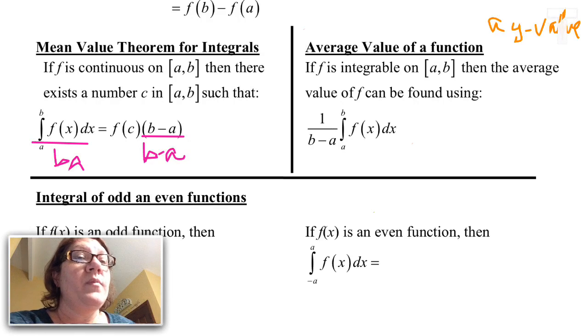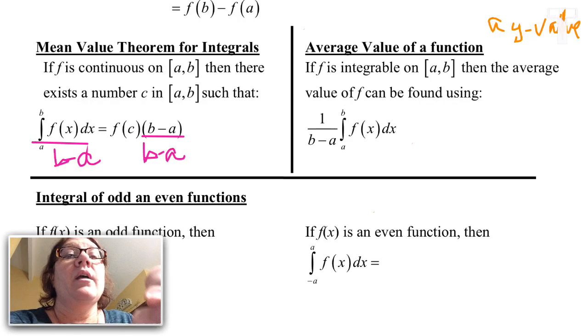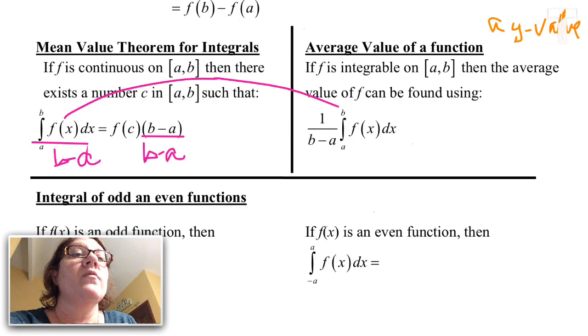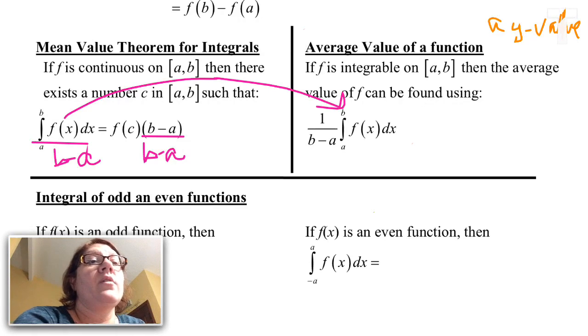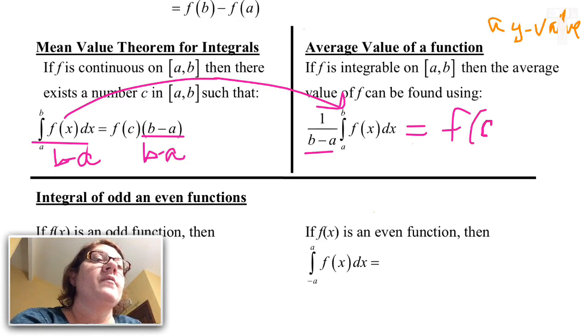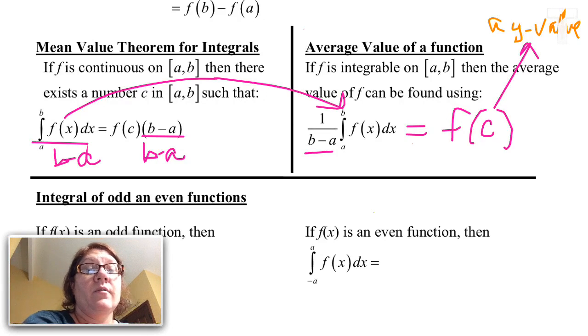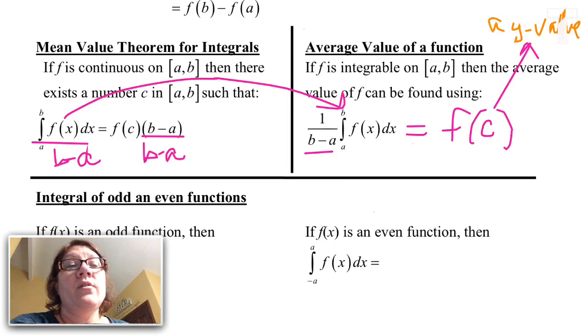And when I do, whoops, forgot the minus sign, I end up with this over here. So all that's really happened is I've divided by b minus a, and consequently I would get this f of c character, who is nothing more than a y value, by himself. So they're tied together. The mean value theorem is an area, the average value is a y value, and they're linked together.